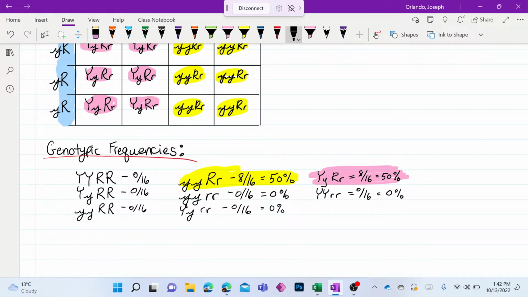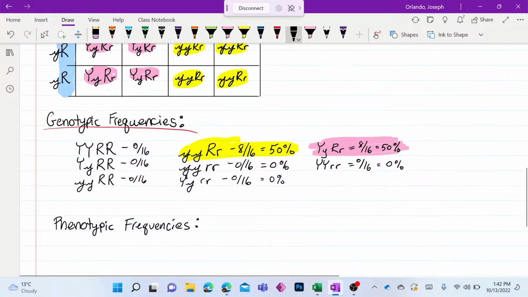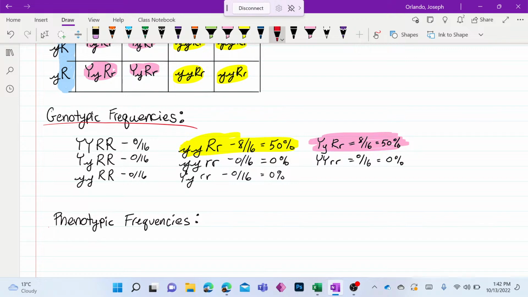Those are the genotypic frequencies. What are the phenotypic frequencies? First of all, what's that mean? We only saw, well, what's this guy look like?